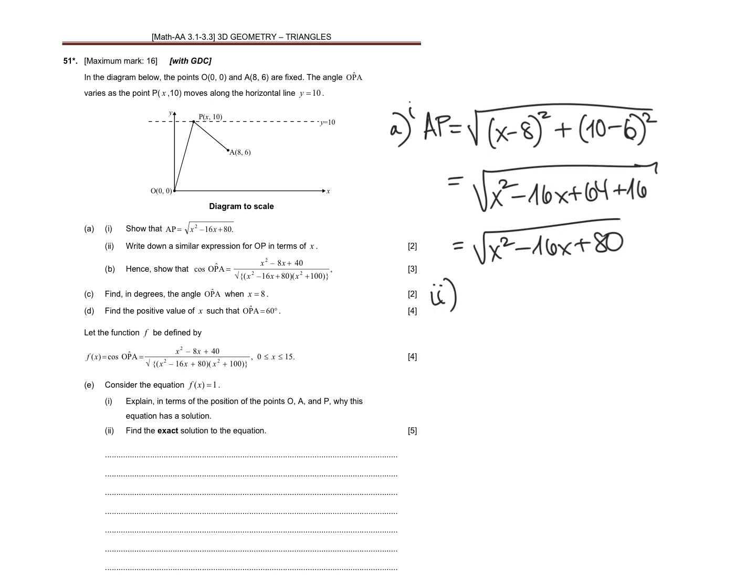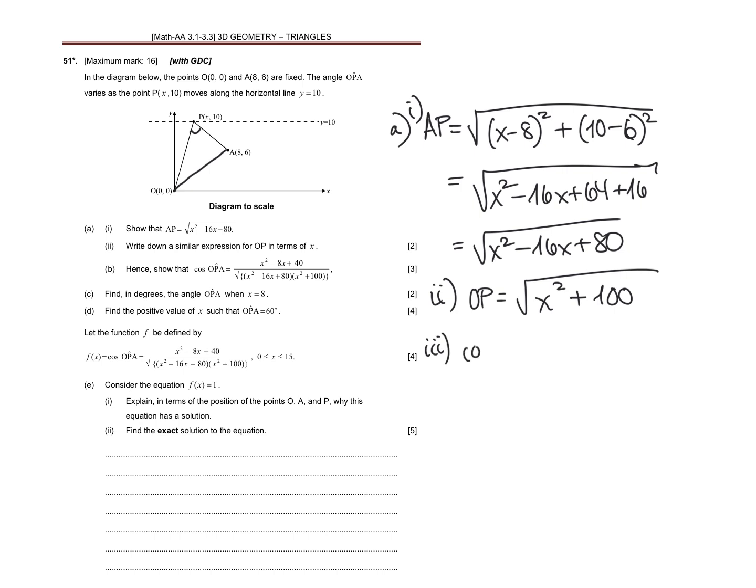Now write down a similar expression for OP. So OP is going to be just x minus 0 squared, so x squared, plus 10 minus 0 squared, which is 100. Hence show that cos OPA equals that. So that's the cosine rule.